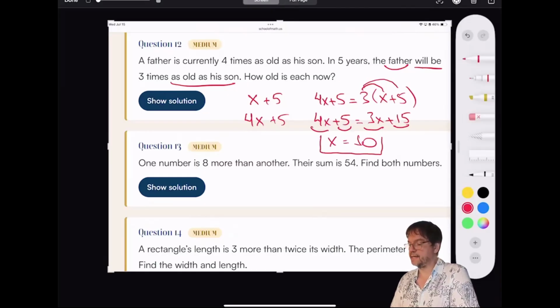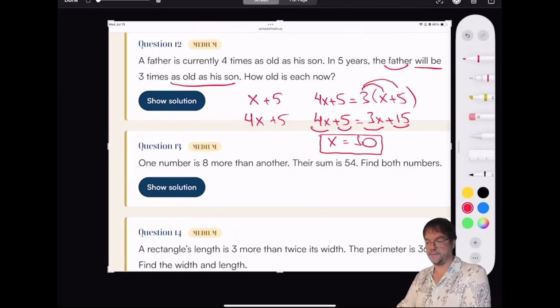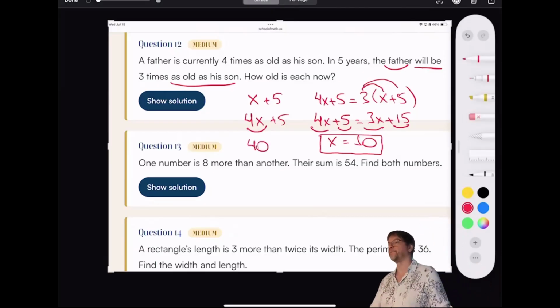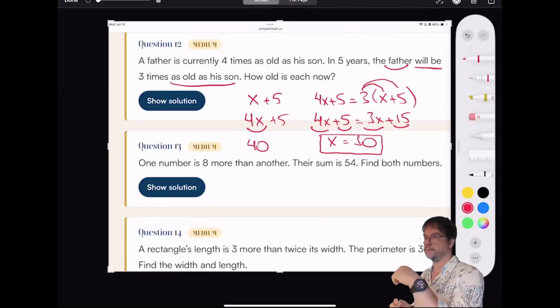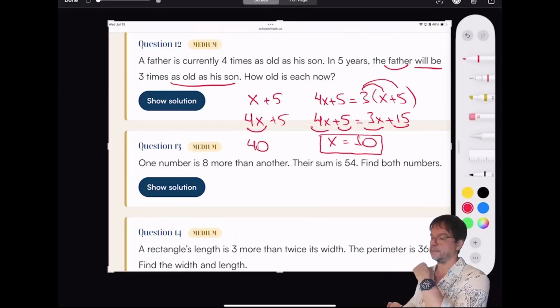So the age of the son now is 10. So the father, that is 4 times, is 40. So 10 and 40. Do you agree? Yes.